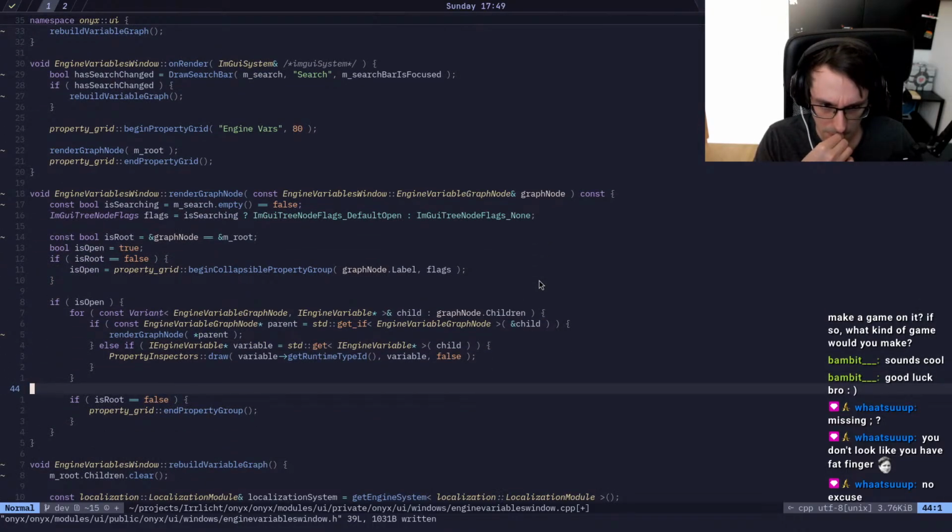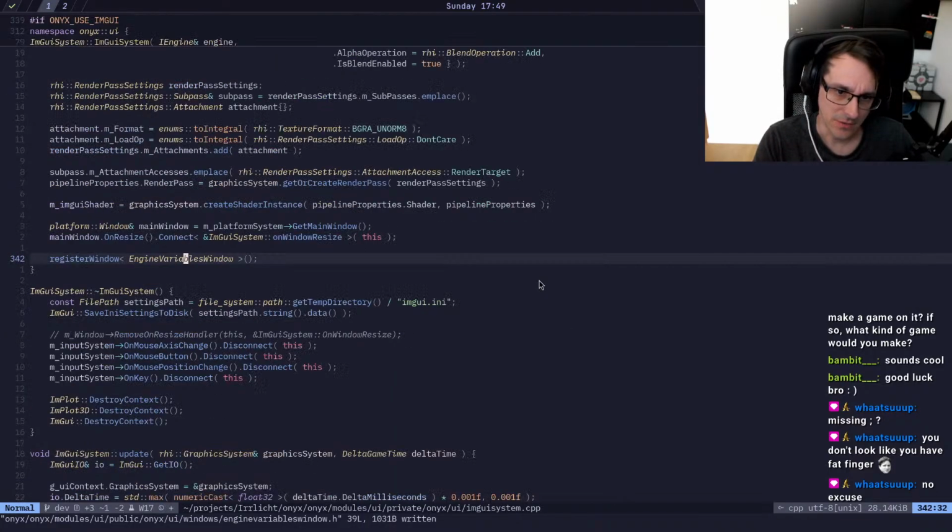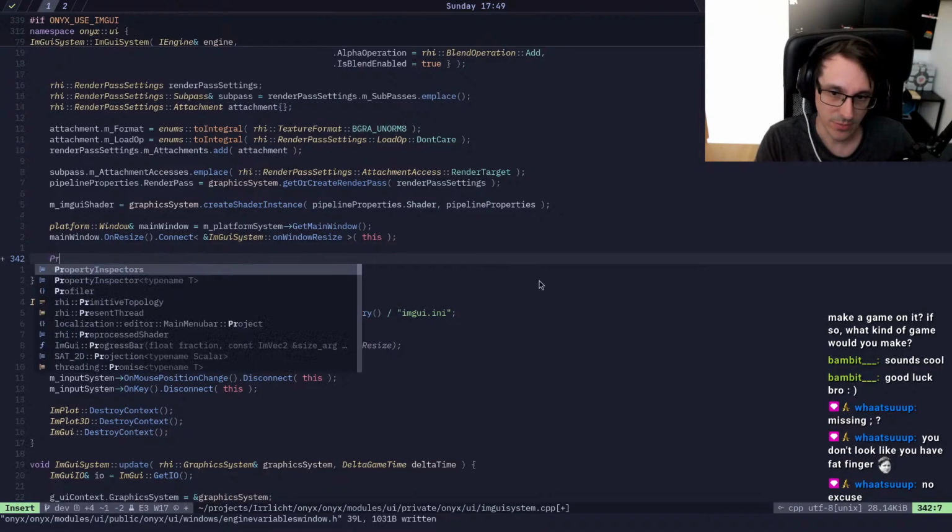Why the raw variable runtime type ID? Would I need to do a property inspector for that or what?